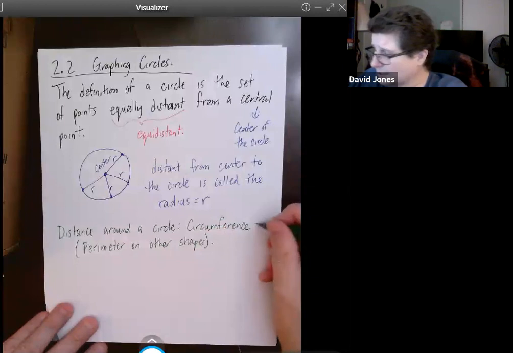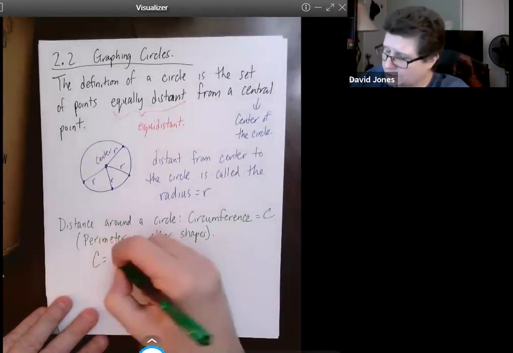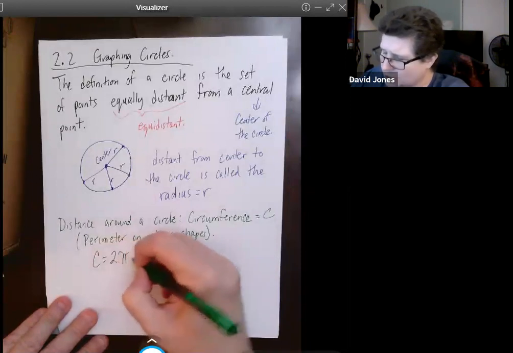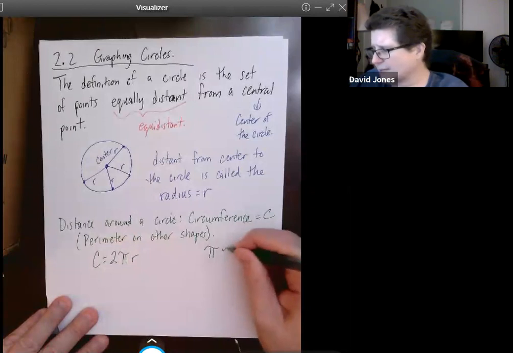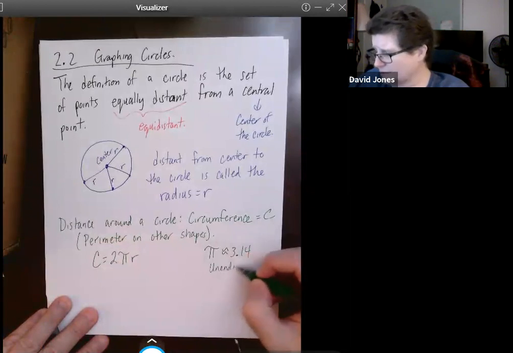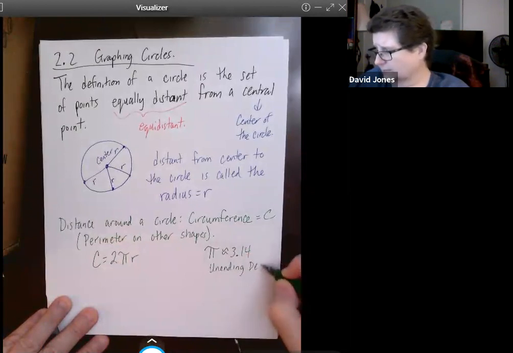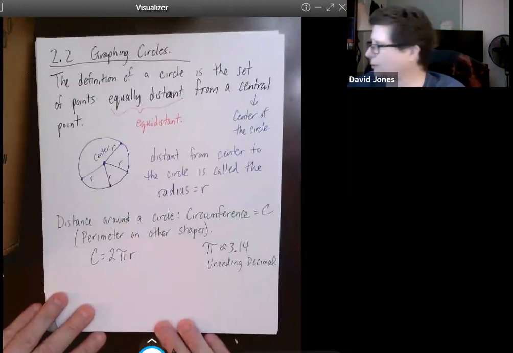I'm going to use the letter C for circumference. C equals 2 times pi times R. Pi is approximately 3.14. It is actually an unending decimal number, but the first two decimal places are 3.14.